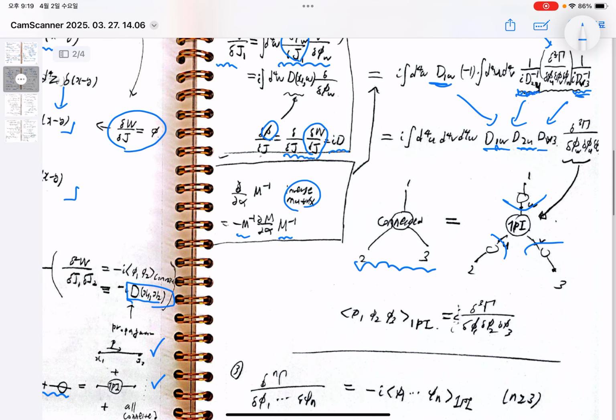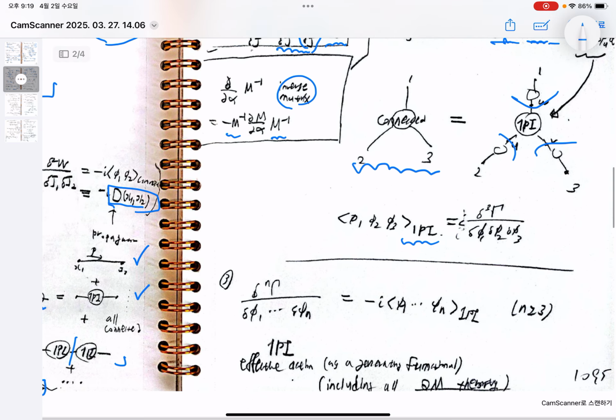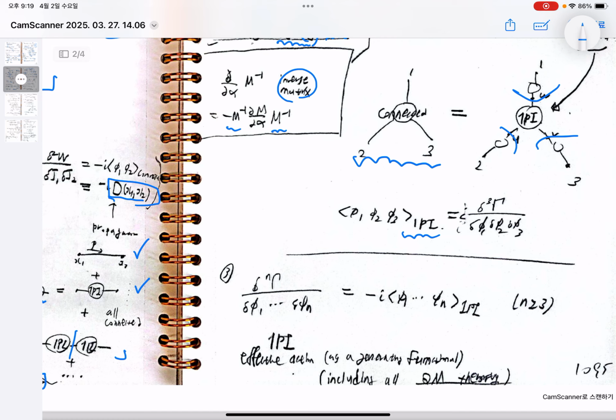If we differentiate the 1PI effective action, this gives the 1PI diagram. So here is the final result. If we differentiate the 1PI effective action gamma with the derivative, this gives the n-point correlation functions of the 1PI diagram, here for n equals 3.